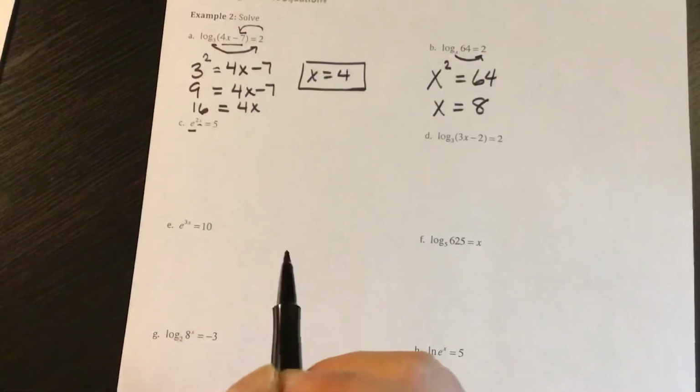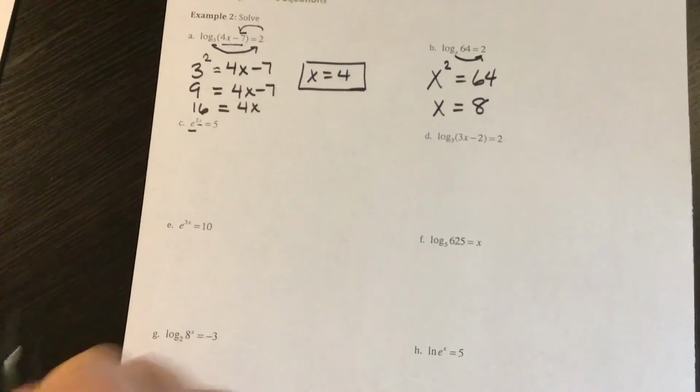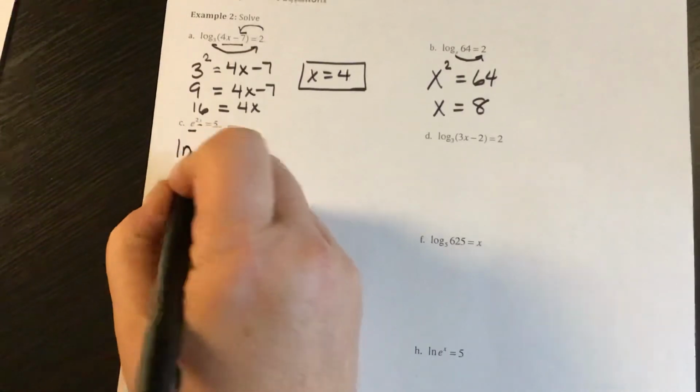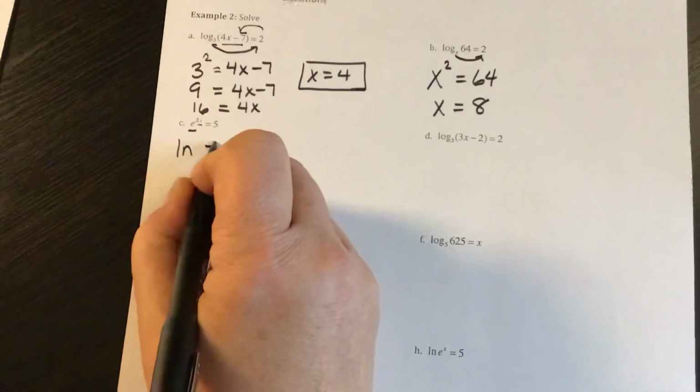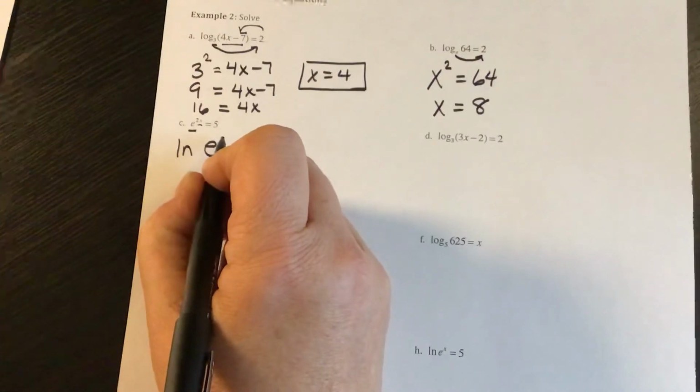So we're going to use a property that we use all the time, and it's basically what you do to one side, you're going to do to the other side. But what I'm going to do here is apply the natural log of both of these.